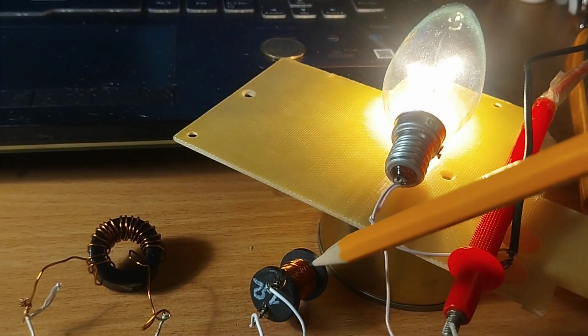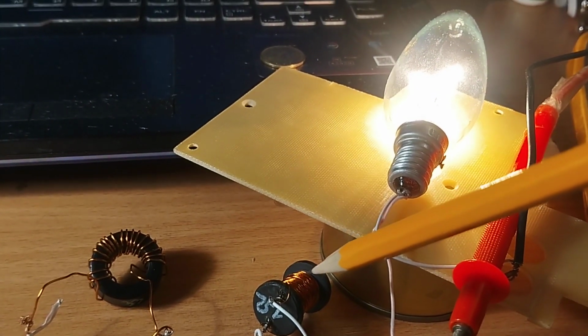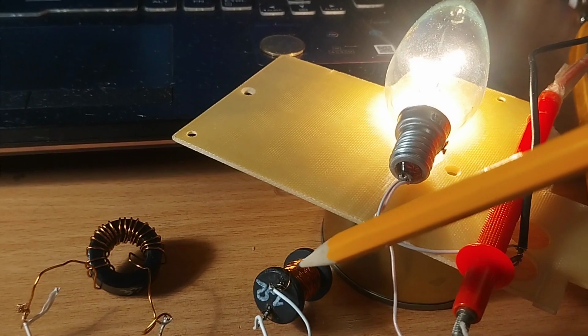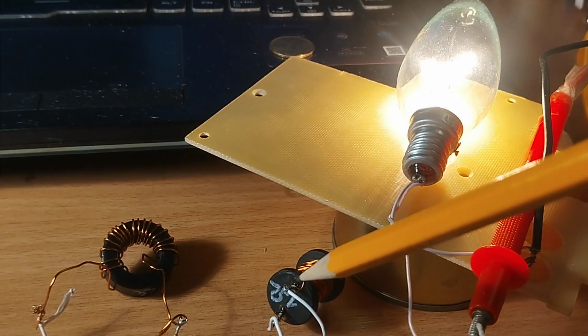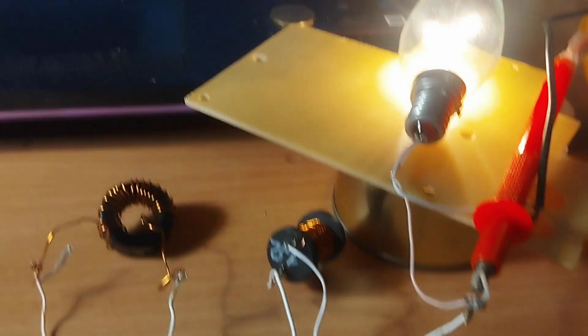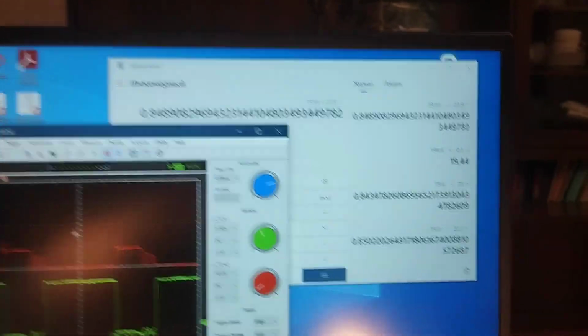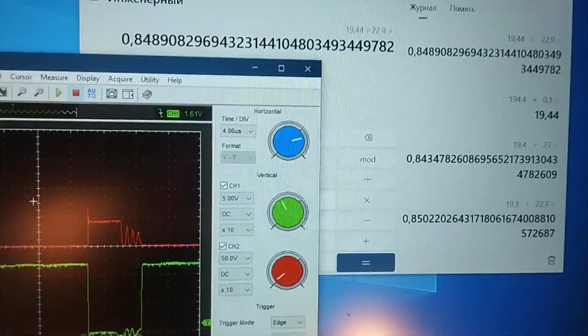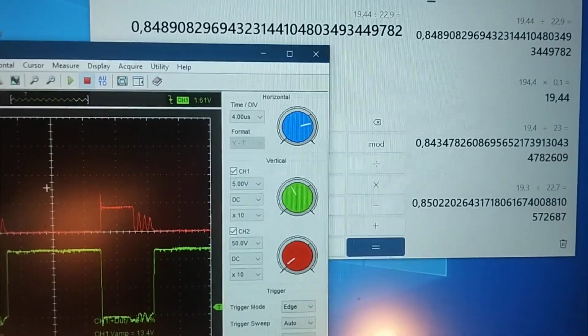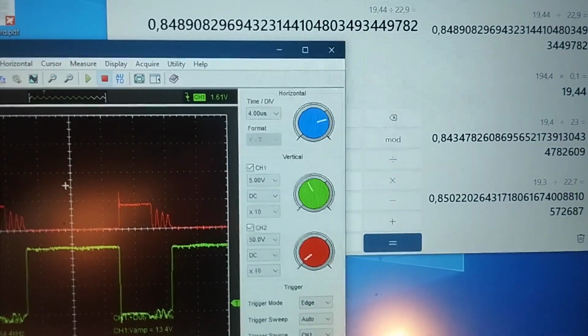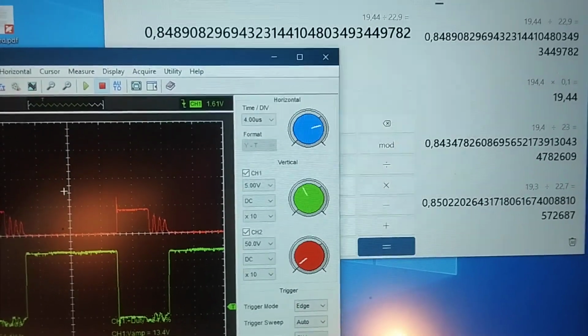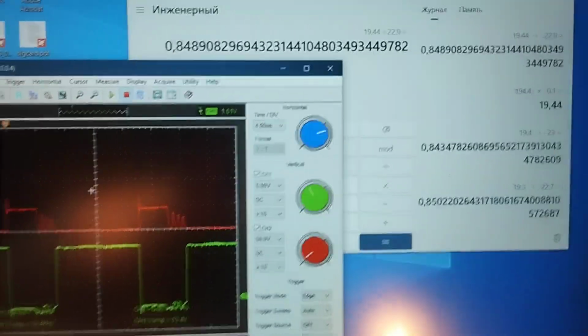The second coil is 470 microhenries, with a resistance of 1 ohm. As a result, I calculated the efficiency. It's roughly 85%.